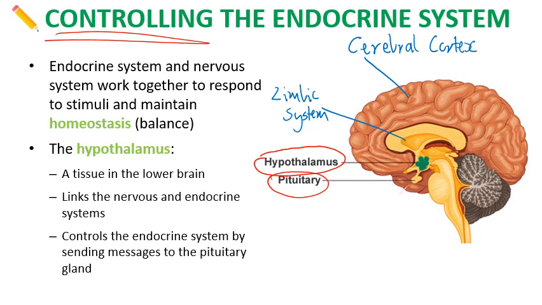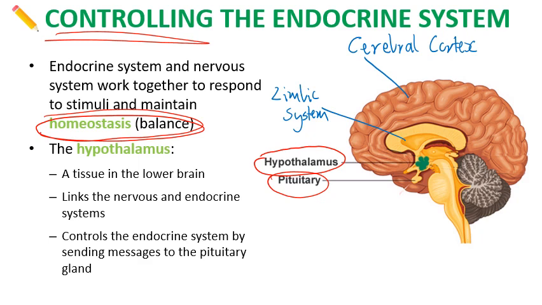So the hypothalamus is a little bit larger, and the pituitary gland sort of sticks down towards the front. And these two help to communicate between the nervous system and the endocrine system to help maintain that balance in our body, to help maintain homeostasis.